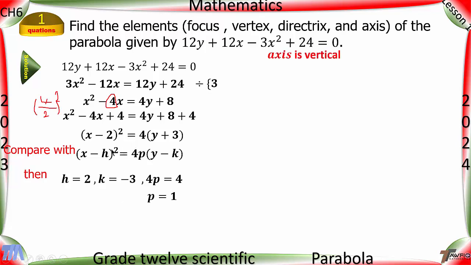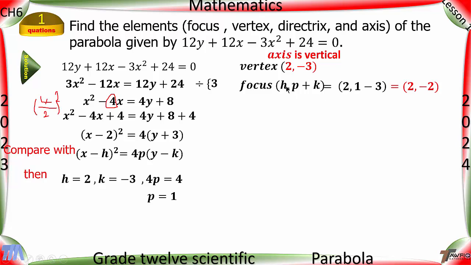Because we have x squared, so the axis is vertical, and the vertex is (h, k), so h is 2 and k is minus 3, so the vertex is (2, -3). And the focus is (h, p + k), so h is 2, p is 1, k is minus 3, so it becomes (2, -2).